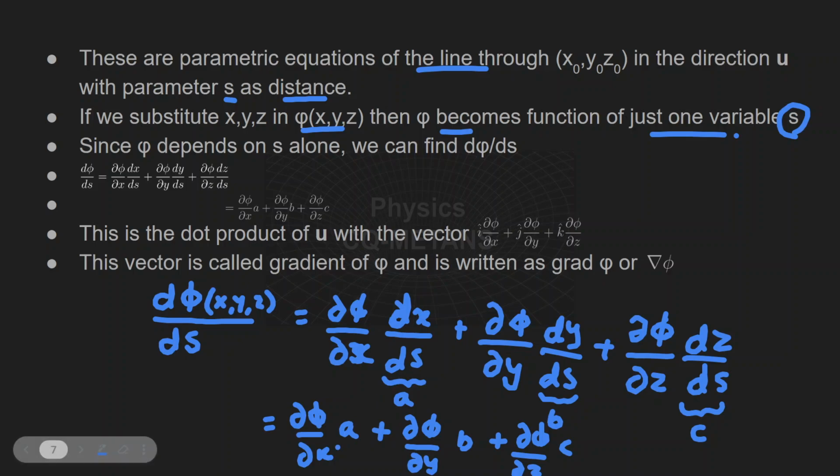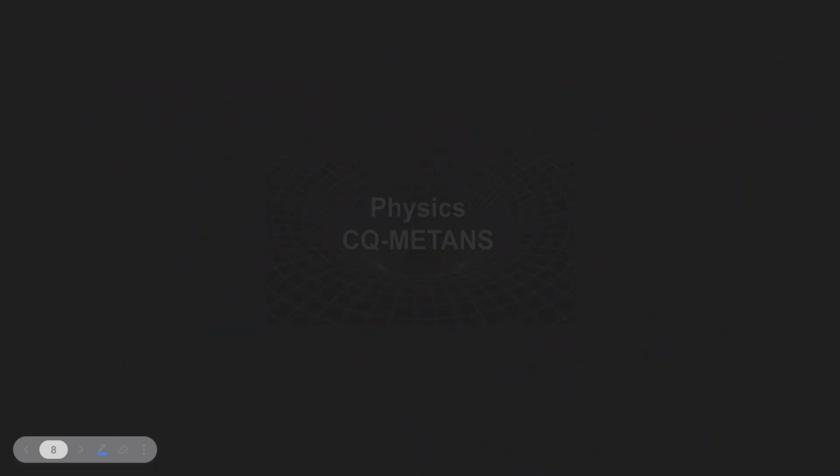So if you see, we take this equation and write it over here: d phi by ds is equal to ∂phi by ∂x a plus ∂phi by ∂y b plus ∂phi by ∂z c. But this is nothing but a dot product.